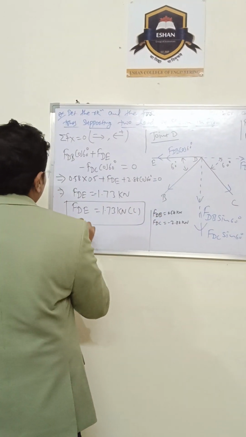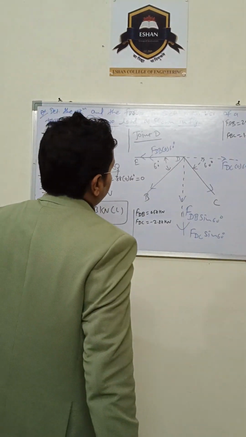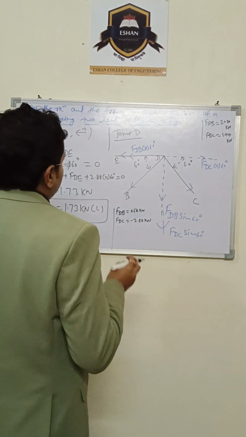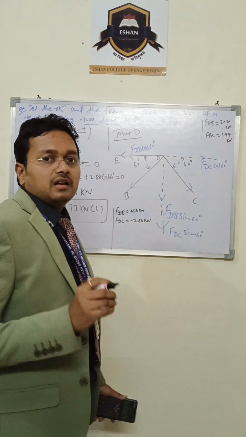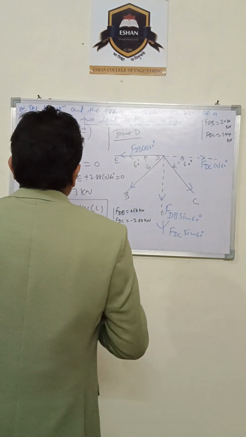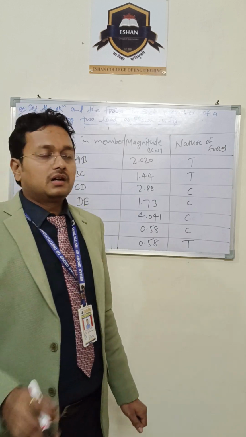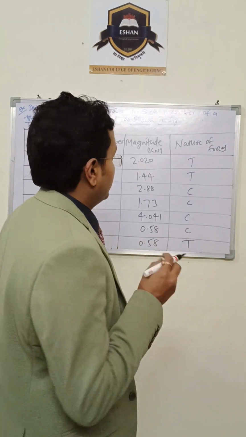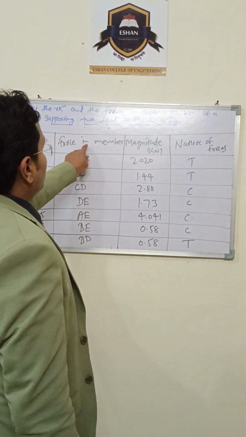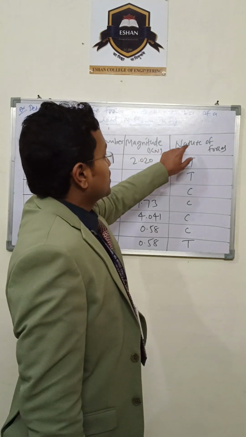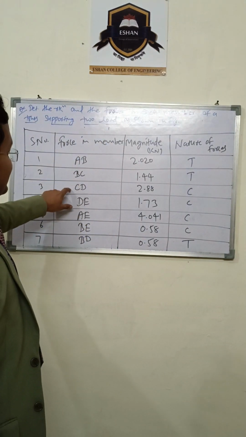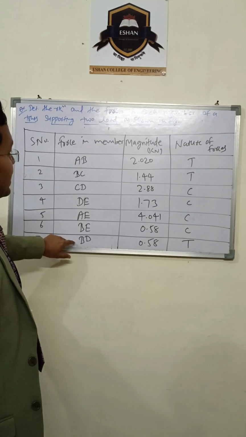That means all the member forces have been found, in compression or tension. Compression is indicated by the negative sign and tension by the positive sign. Now all the member forces are put in tabular form: serial number, force in the member, magnitude, nature of force. We have 7 members: AB, BC, CD, DE, AE, BE and BD.